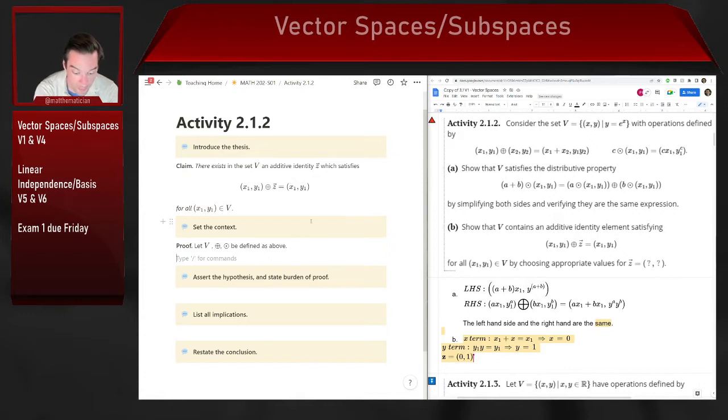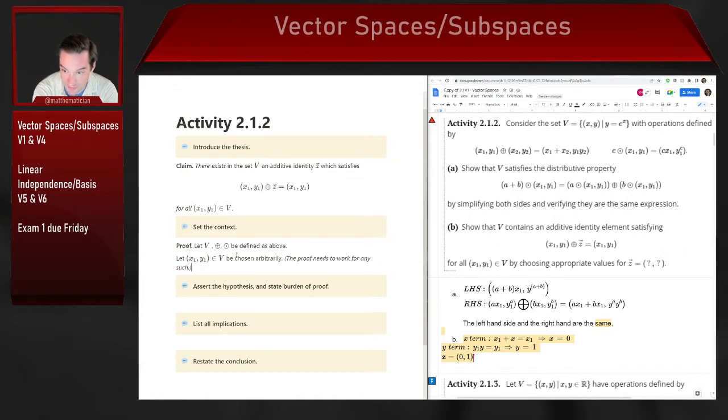And so we'll call attention to that fact by saying, let x1, y1 in V be chosen arbitrarily. I'm just going to editorialize here. This means we don't choose it. The universe does. The proof needs to work for any such.